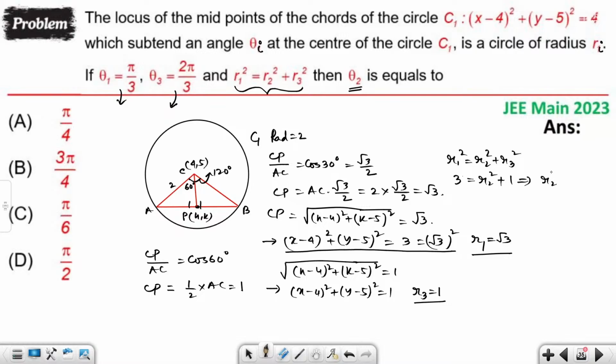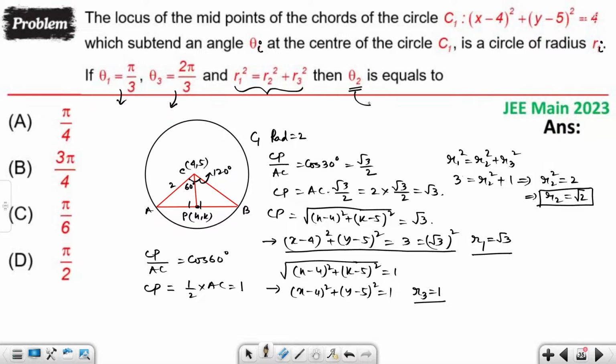Therefore, we got that R2 square is basically 2. That implies your R2 is root 2. Tell me yes or no. That is the locus for the second case, when it is making an angle theta 2 at the center of the circle. In that case, the locus will again be a circle whose radius is root 2. That much we have understood.